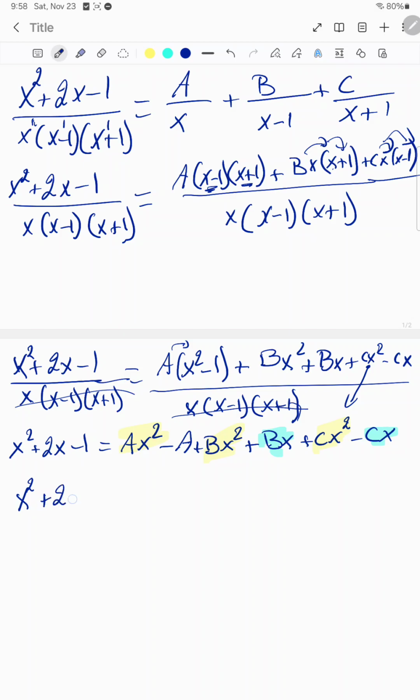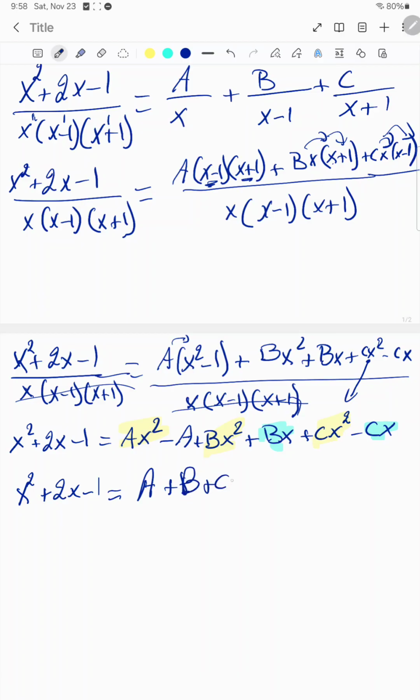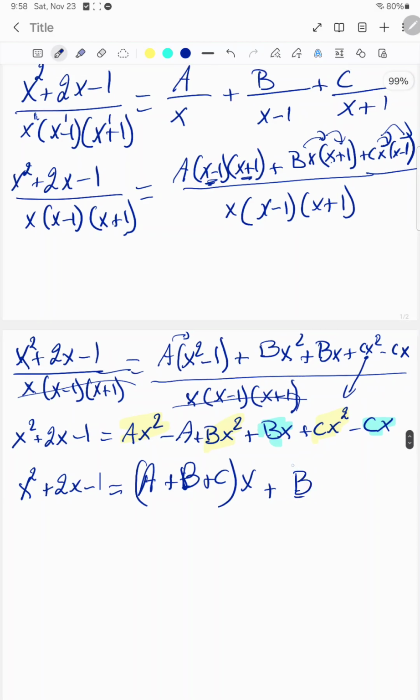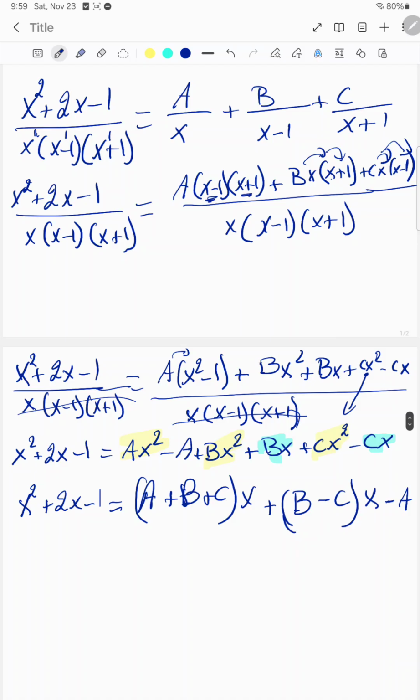X squared plus 2x minus 1 equals, here I factor out x squared, so I would have a plus b plus c, times x squared, plus b minus c times x, and I have minus a here.